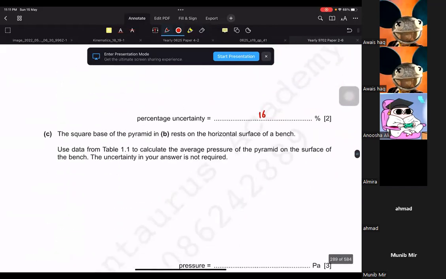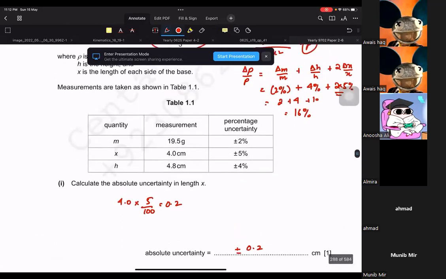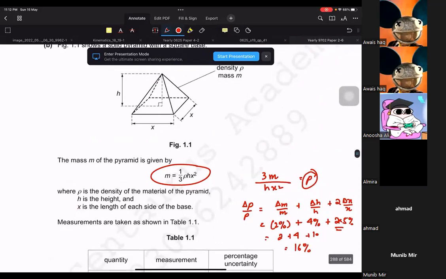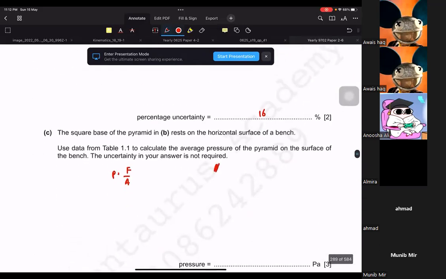All right, now the square base of the pyramid rests on a horizontal surface. Calculate the average pressure. Uncertainty is not required. So pressure is force over area. And what we got: mass, we got x. Generally, whatever shape is there, the volume is always base area times the height.